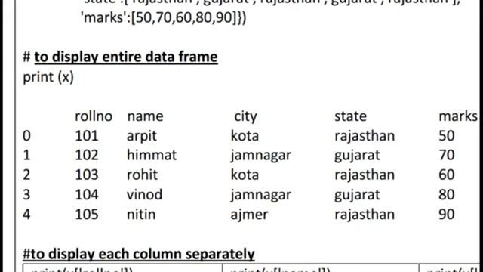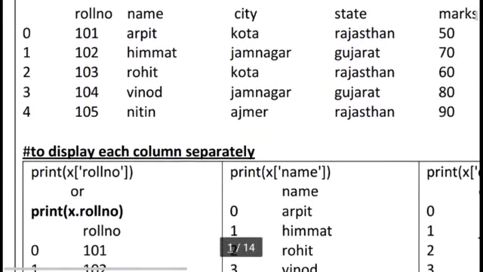Suppose I want to display only a single column. How can I do it? Here you can see how to display each column separately. Print x, because this is our DataFrame variable, and always use square brackets, and here roll number.